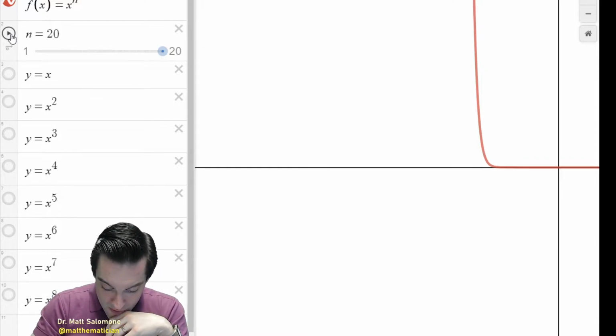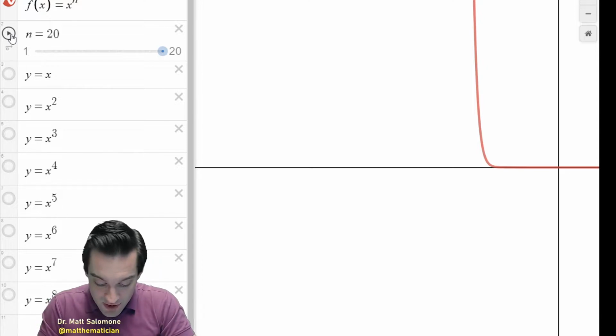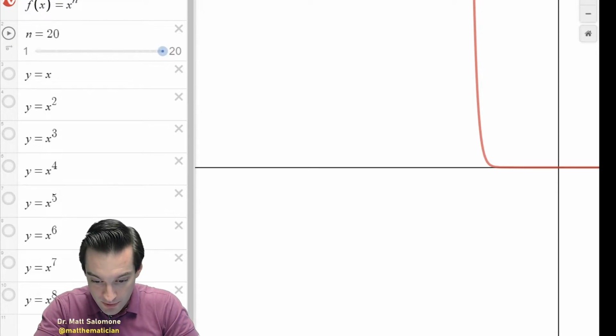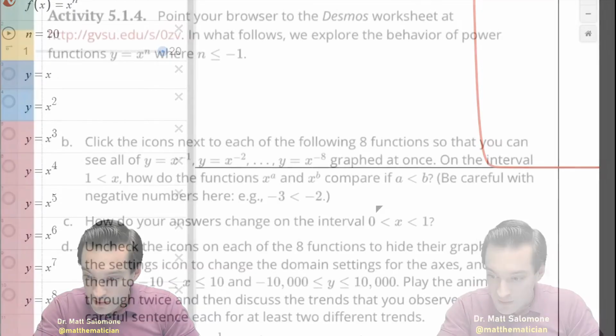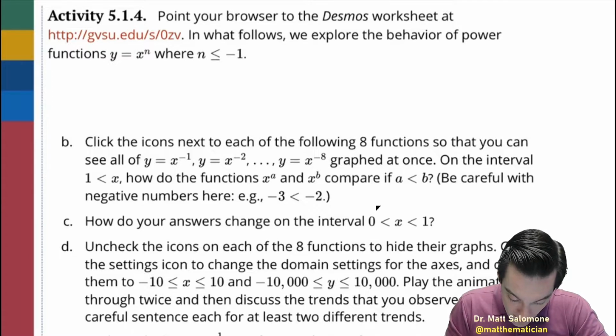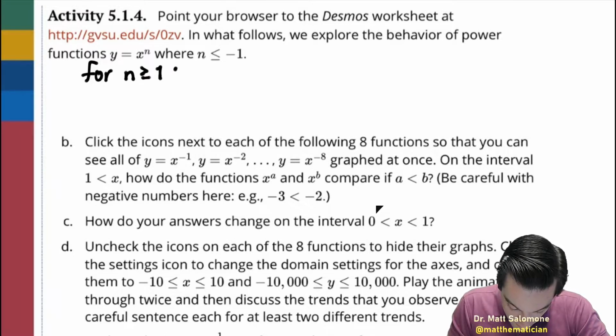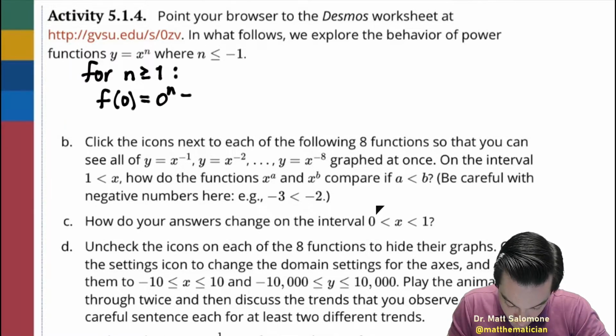So let's use this opportunity to just summarize so far what it is that we know about the powers of x and what they have in common for the positive exponents. I'm going to switch back over into my whiteboard. So for my positive exponents, for n greater than or equal to 1, we have that f of 0 equals 0 to the power n.